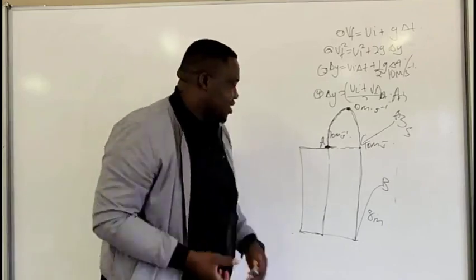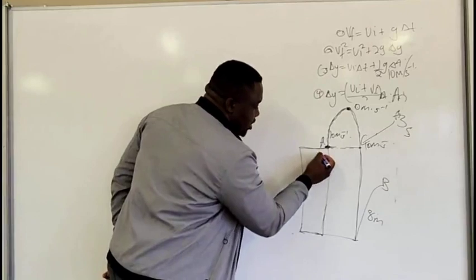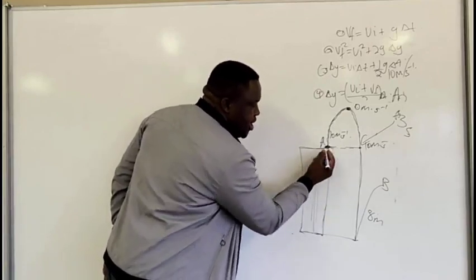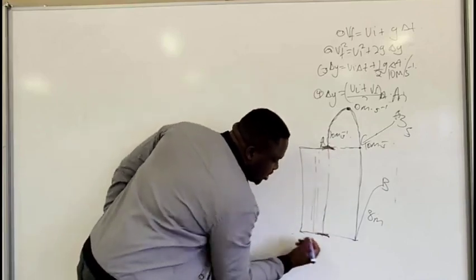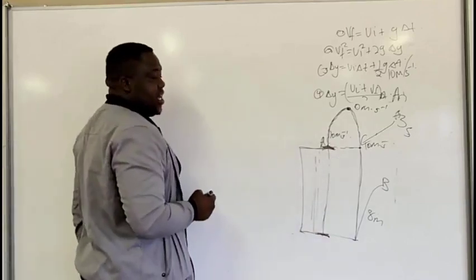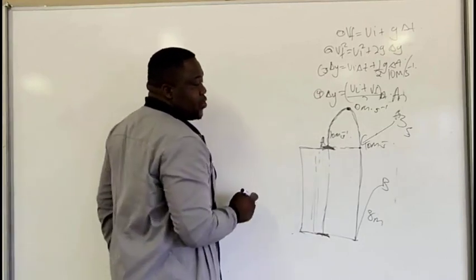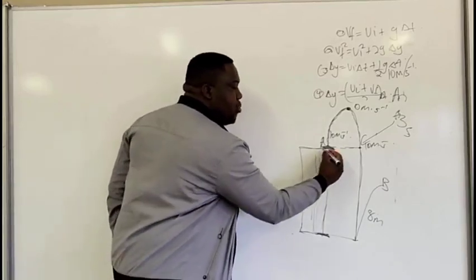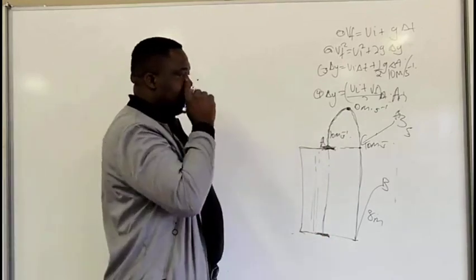The only thing that will give us the ability to calculate the height of this building is the velocity here at the edge and the velocity here at the edge. The second thing that will give us that ability is the time it takes for an object to move from this edge of the building to this edge of the building.